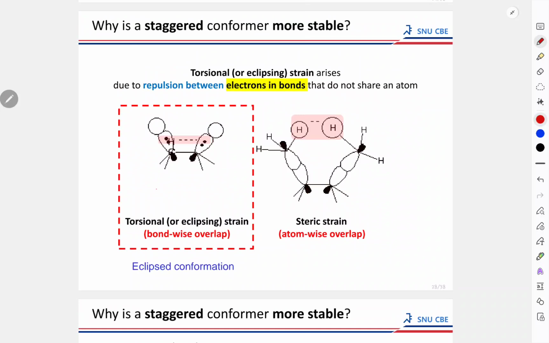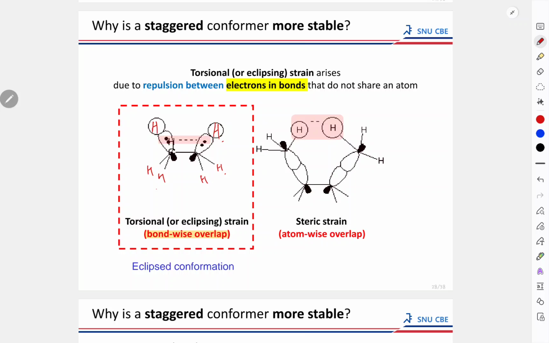We discussed the torsional strain, the bond-wise overlap. If you see the eclipsed conformer of ethane, you can imagine this is a hydrogen, you have a hydrogen there, and this is the carbon. You are seeing the eclipsed conformer of ethane from the side view.